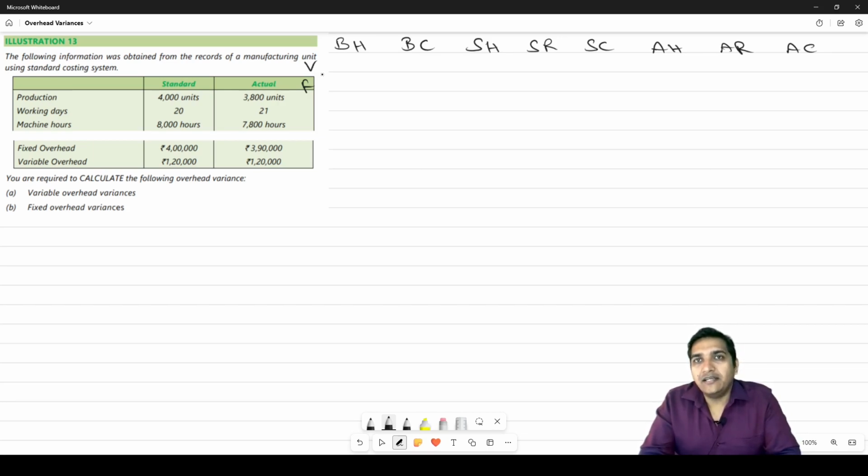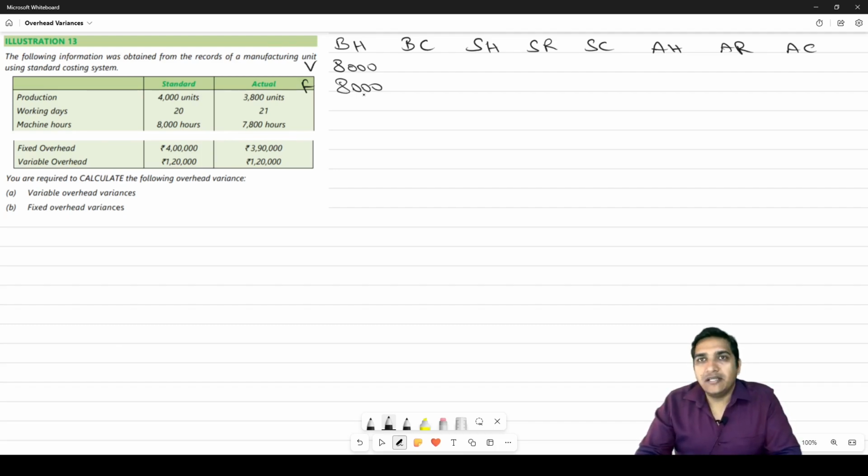When they say our standard production is 4000 units, that means that is the budget, because whenever we calculate standard cost, it is always based on our actual numbers. So 8000 hours is required to manufacture 4000 units, but 4000 is not my actual number of units. So that becomes my budgeted hours. So my budgeted hours would be 8000. Similarly, it would be 8000 for fixed as well.